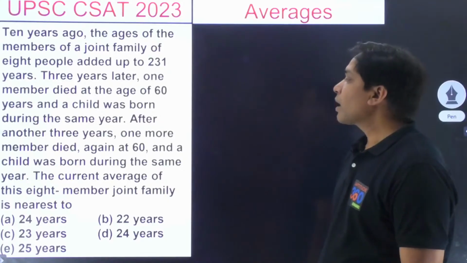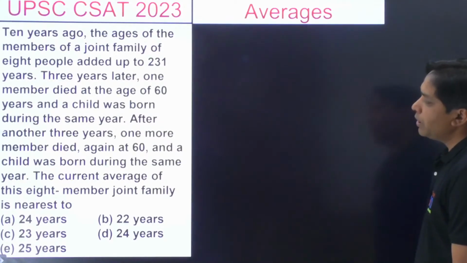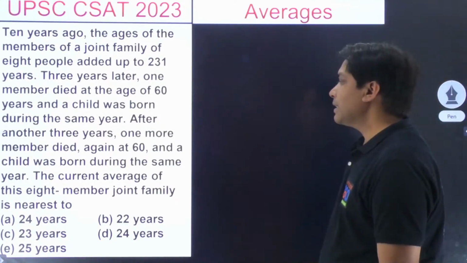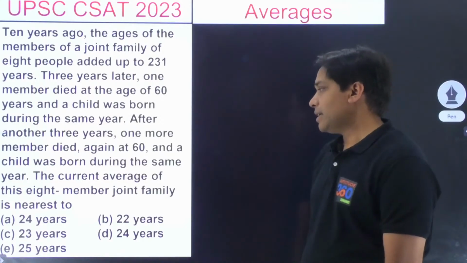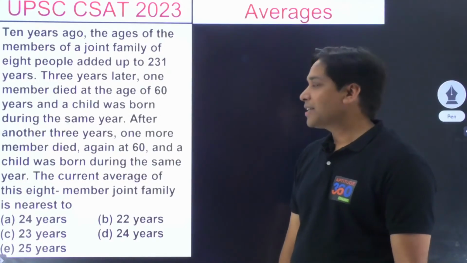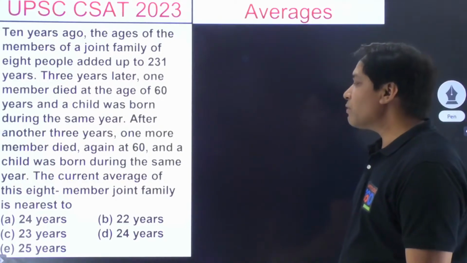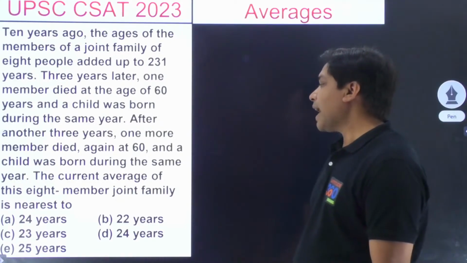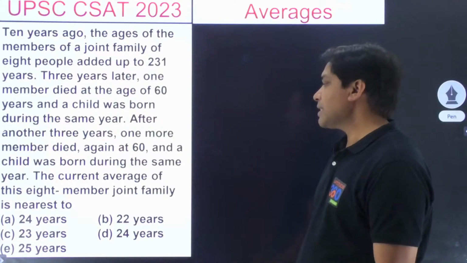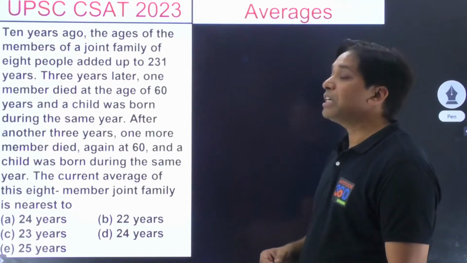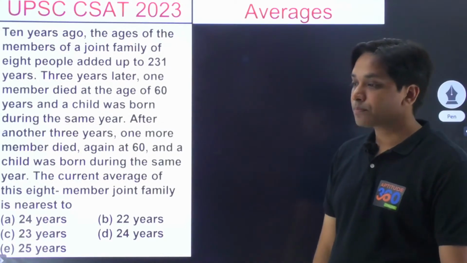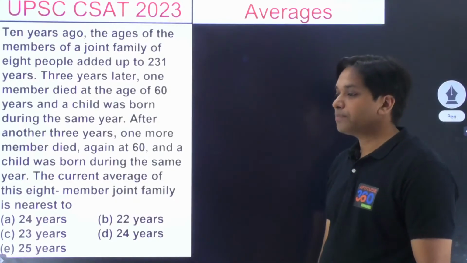After another 3 years, one more member died at 60, and a child was born during the same year. The current average of this 8 member joint family is nearest to which number?